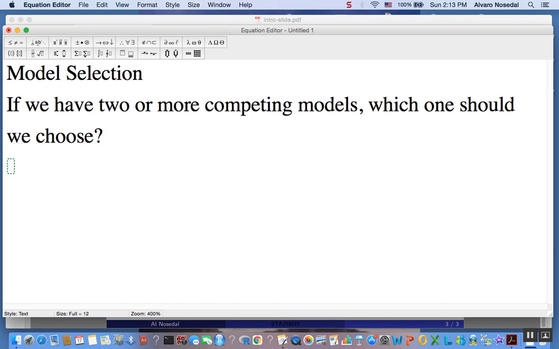We will try and answer this question using hypothesis tests and information criteria. To illustrate these ideas, we will use a simple linear regression model.